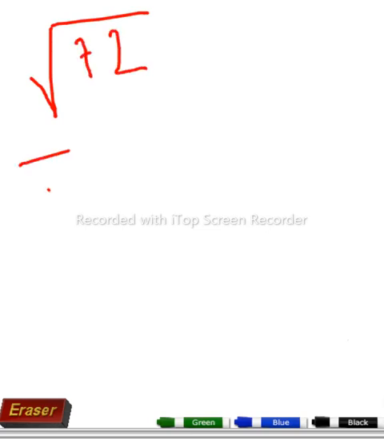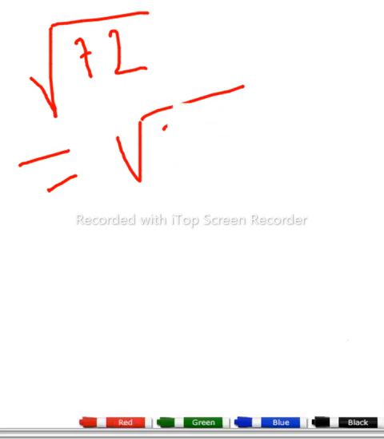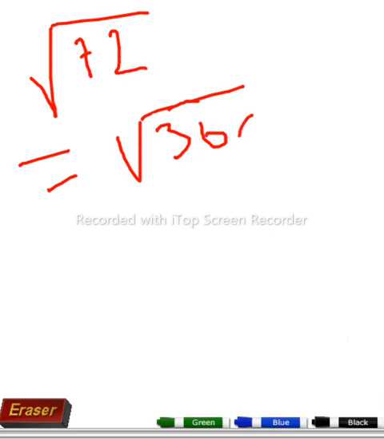Sorry again, the square root of 72 means 36 times 2.